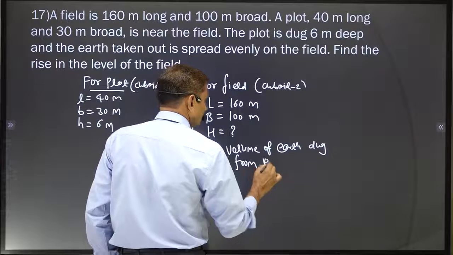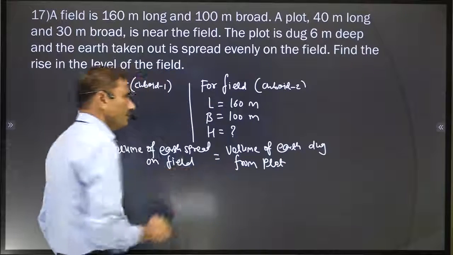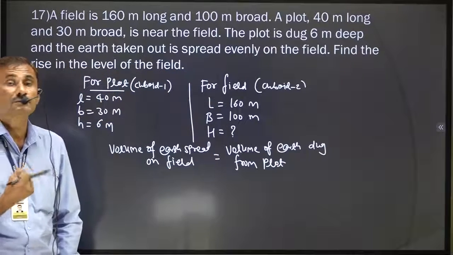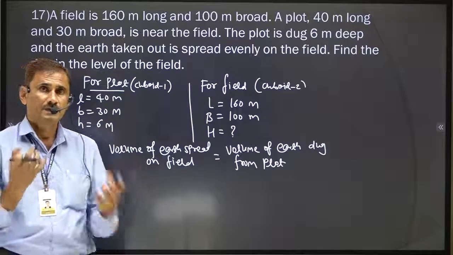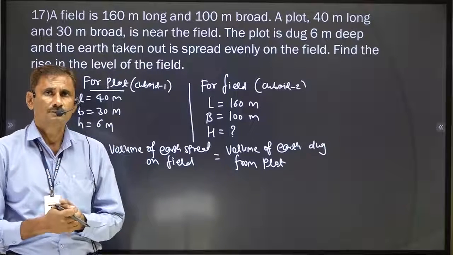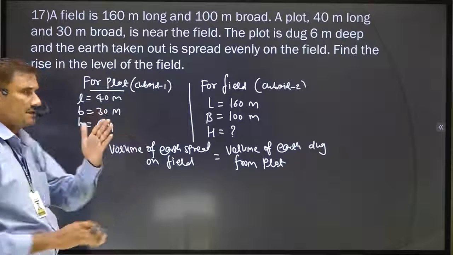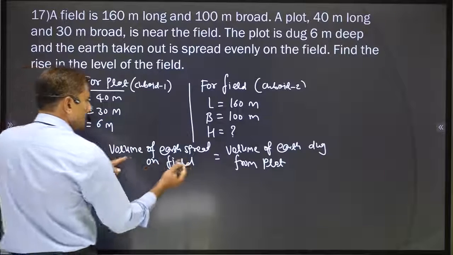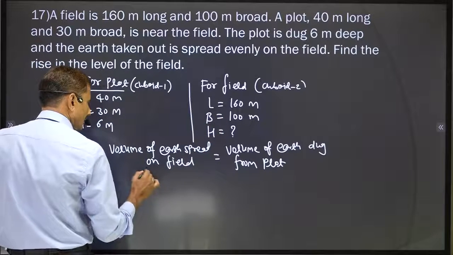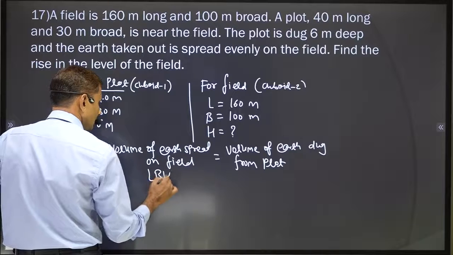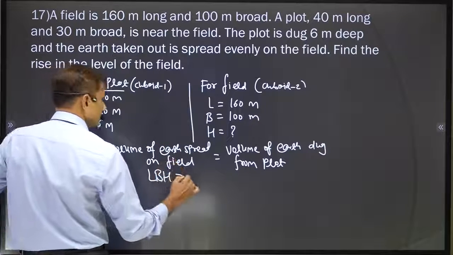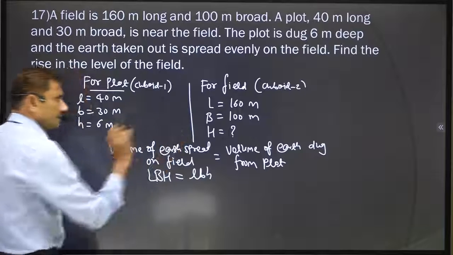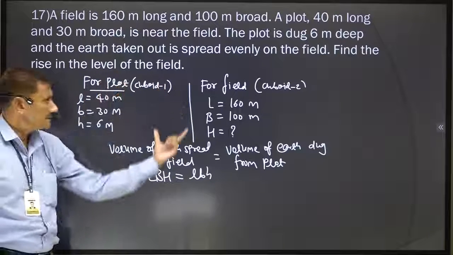So both cuboid 2 and cuboid 1's volume should be compared, because for any material it is volume. Only if a surface is there, that is area. So now for the field we suppose here symbols capital L, B, H and here small l, b, h. The list is ready.